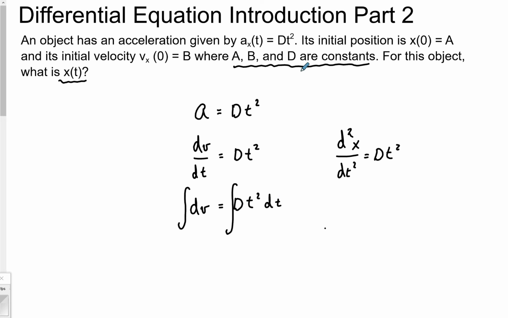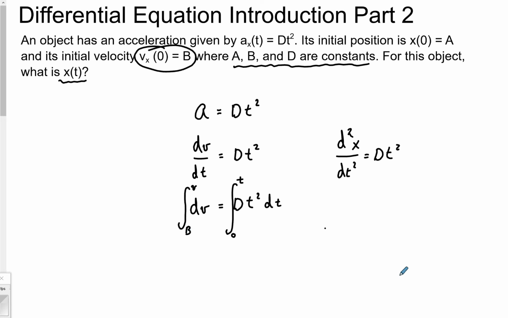It told us at time of 0, x is A and v is B. So that means we're integrating from 0 to v and from 0 to t. And that is completely wrong, because it told us at time of 0, velocity is B. So there, I almost made a blunder, but we saved it.